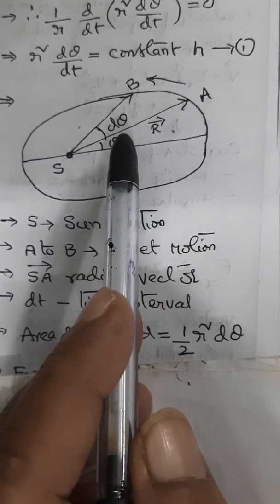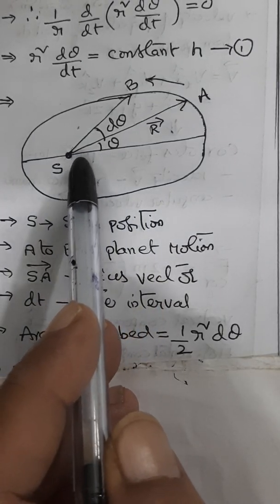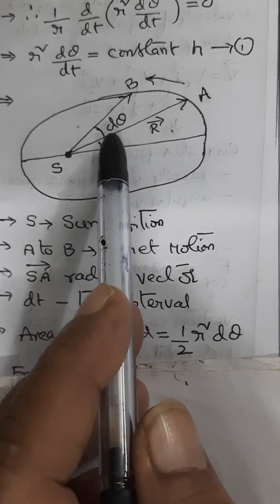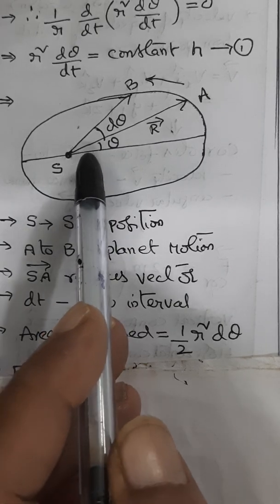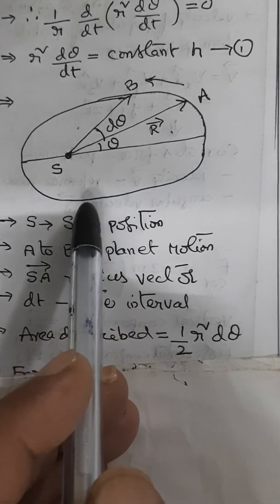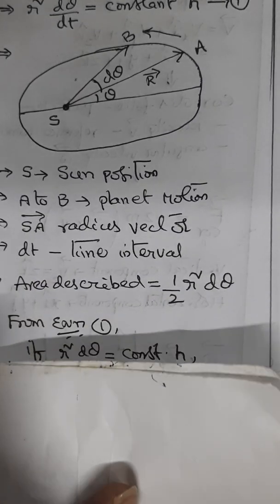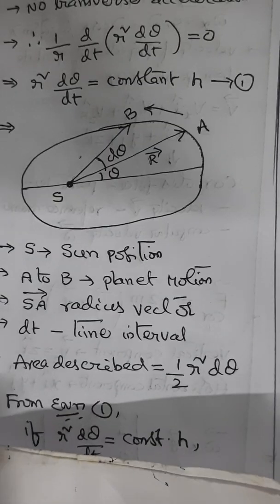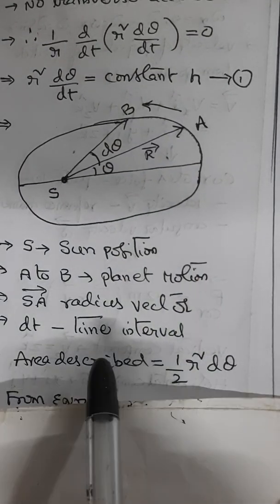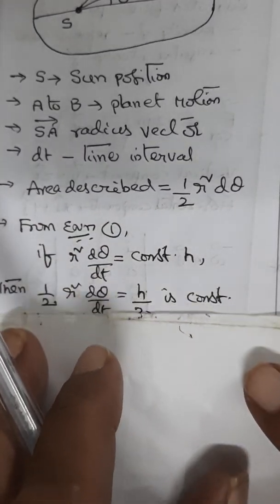It can be shown here that you can draw this line from the sun to the planet in the time interval dt. Therefore, the area described per time taken, that is the areal velocity of the planet around the sun, is constant. This is nothing but Kepler's second law. If you substitute this value, describing this as area described, you obtain r² dθ/dt being constant.